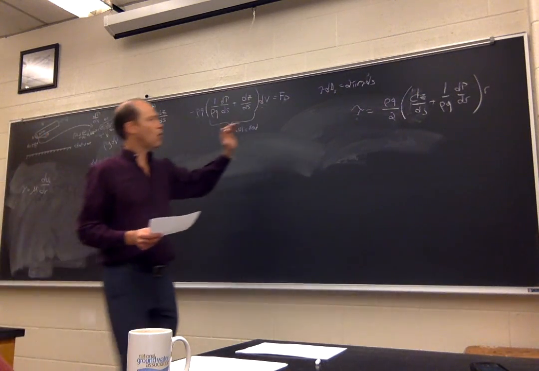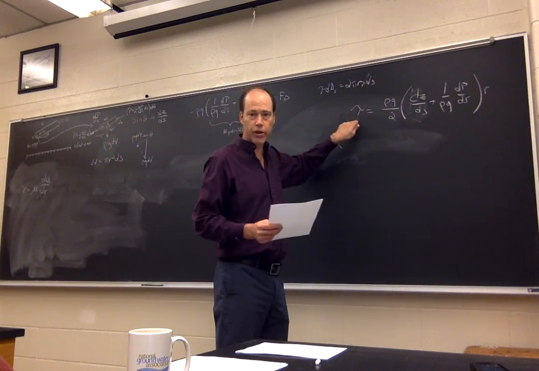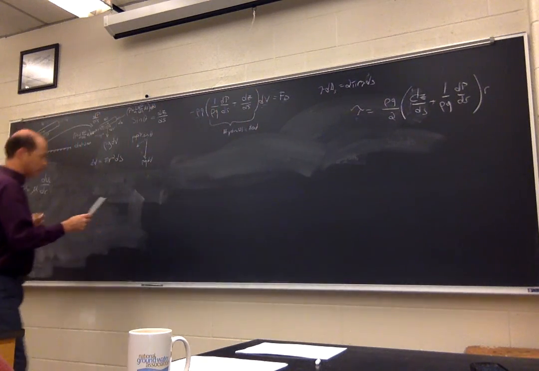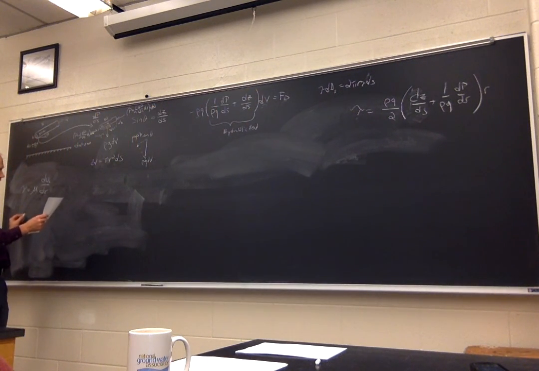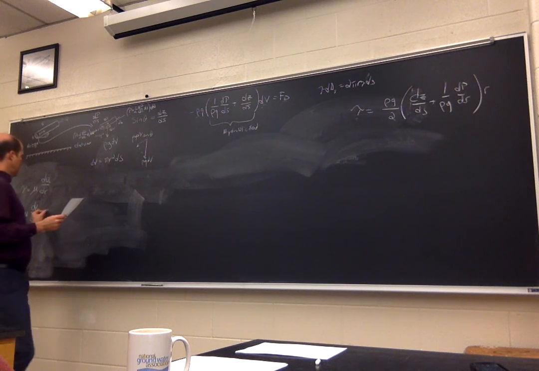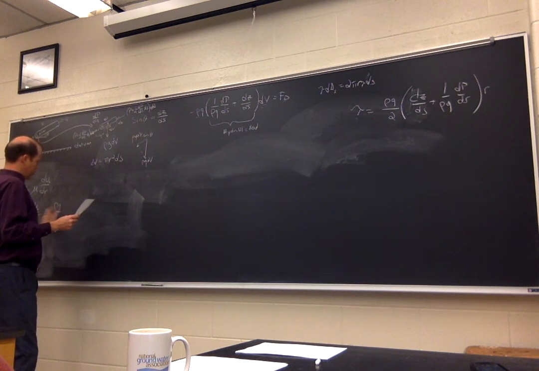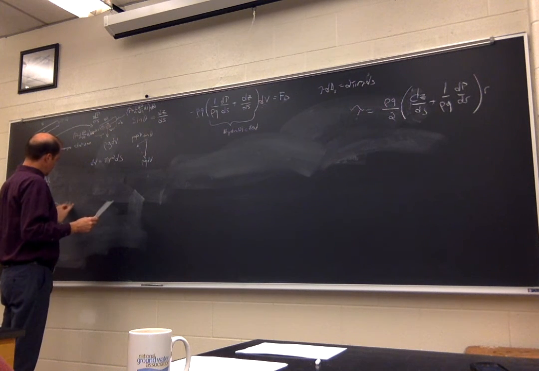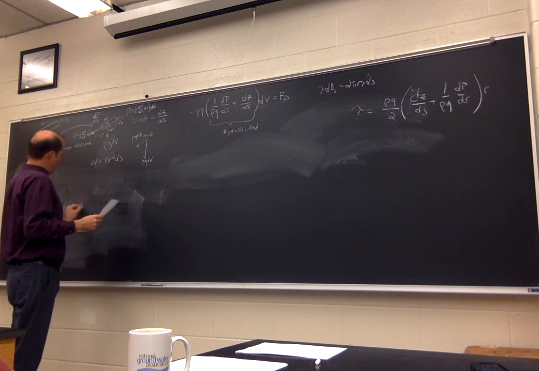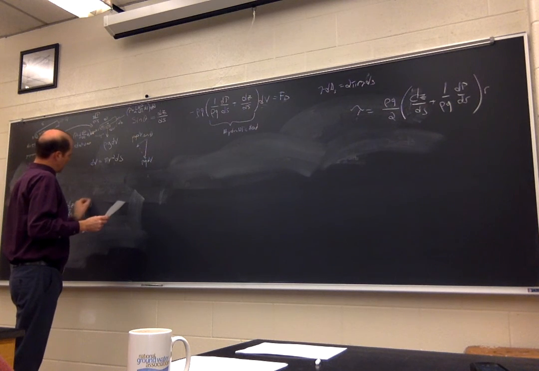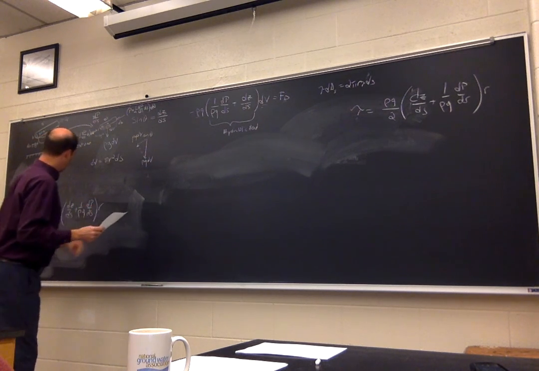So now we can take what we have derived in terms of shear stress and put that into Newton's law of fluids, so that we have the viscosity times the change in velocity in the s direction over the change in position with respect to radius, equal to rho g over 2 times dz ds plus 1 over rho g dp ds times little r.